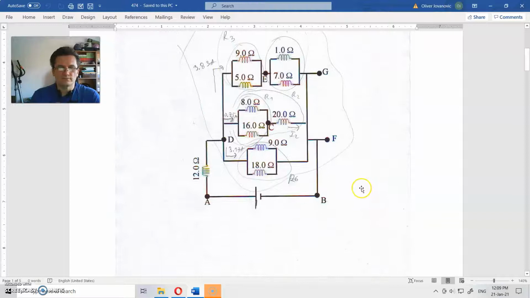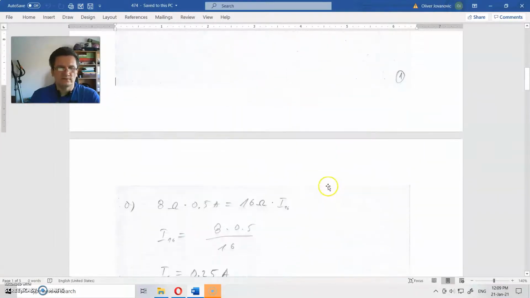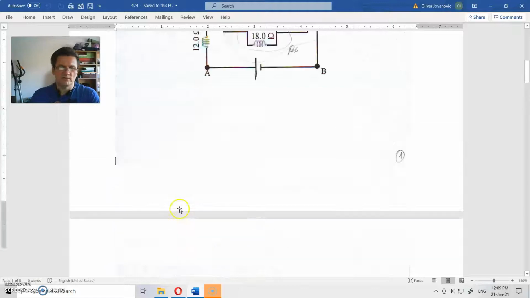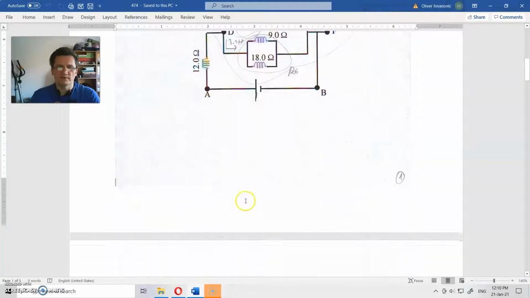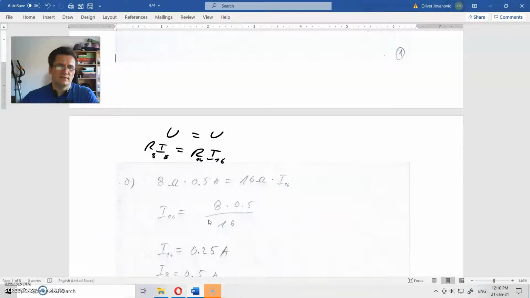Okay. Let us first find the currents. This is the voltage between those 2 points. So U is equal to U here, and this is R1 is equal to R2. This is 16, and this is 8.